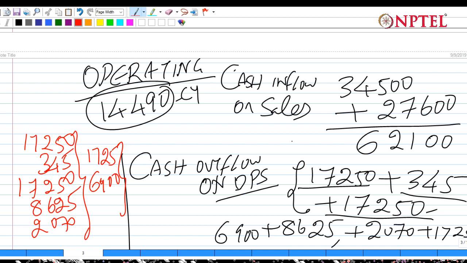What is the amount we got? We got 54,165. What is the amount that is given? 54,165. We are not considering this accounts payable because that is already taken care of in the numbers they have given. I hope I am clear.